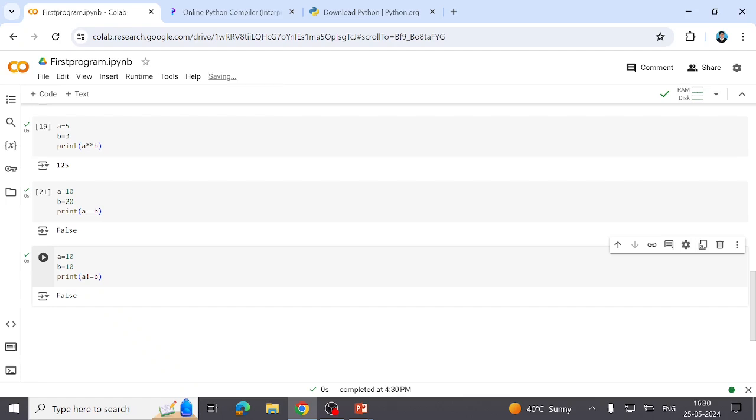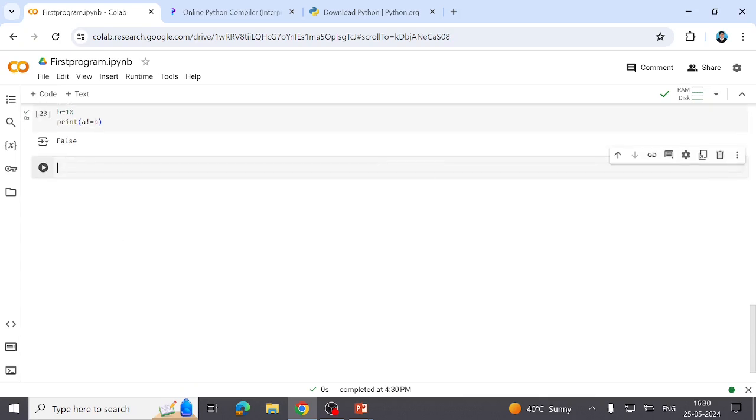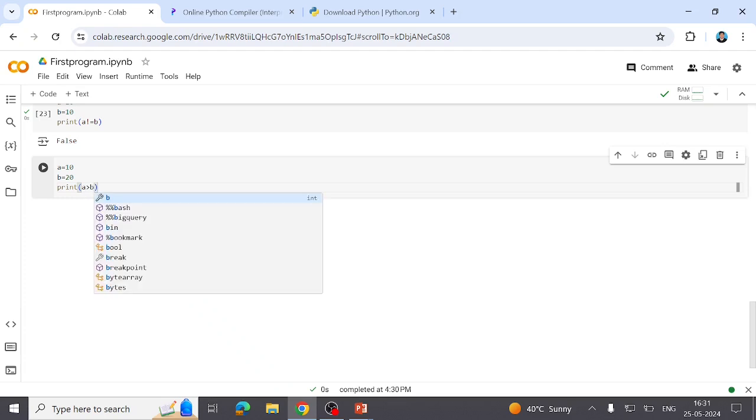The third one is greater than. Suppose a equal to 10 and b equal to 20, and check print a is greater than b. Is the value of a greater than b? No. Greater than sign.